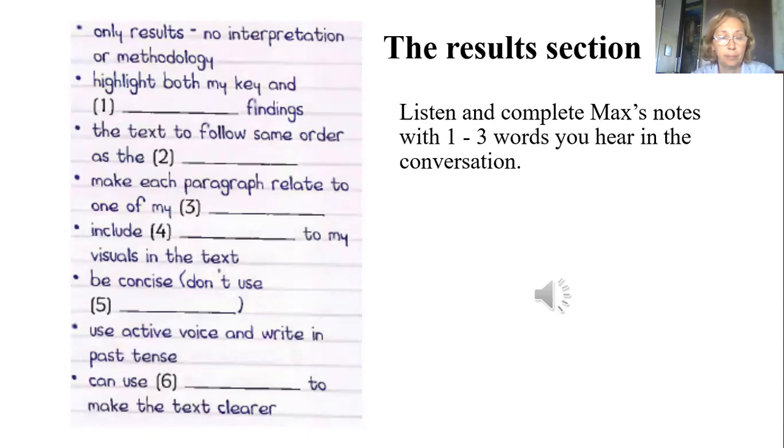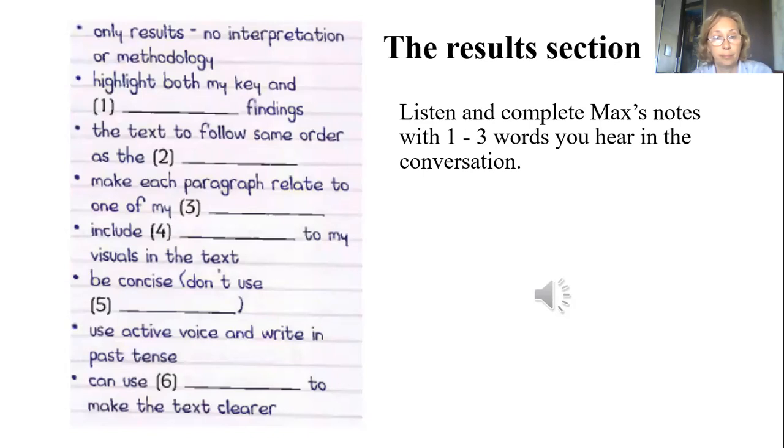And language tips? Oh, well, being concise, not using too many words, is the thing I find most difficult. What else? Oh, I usually end up with lots of passives, but Dan always says to include as much active voice as possible. Right. So different to the method. Yeah, and use past tenses.